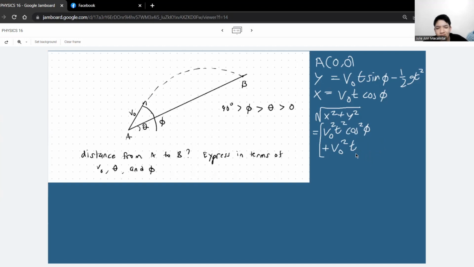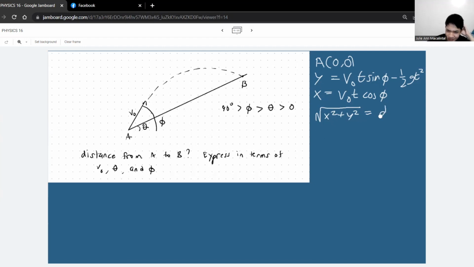Ano yan? So, yung b, yan yung distance from A to B. Ganito. Kaya nag-introduce ako, let D be equal to AB. So, yung distance from A to B, tawagin mo lang na small d. D as in dog.